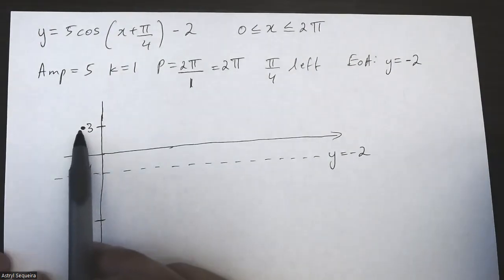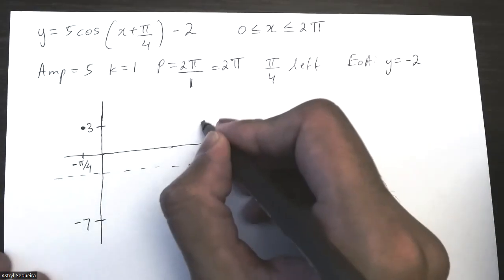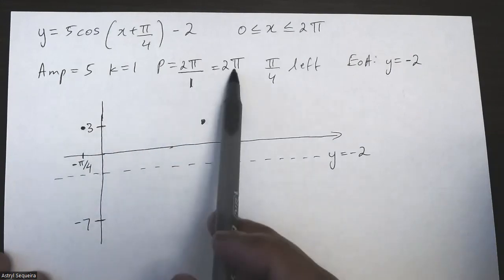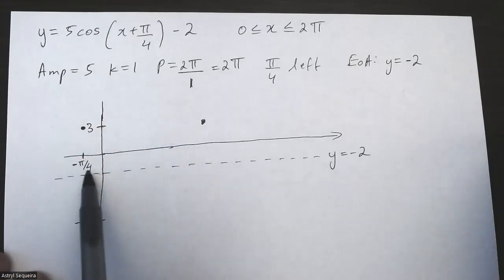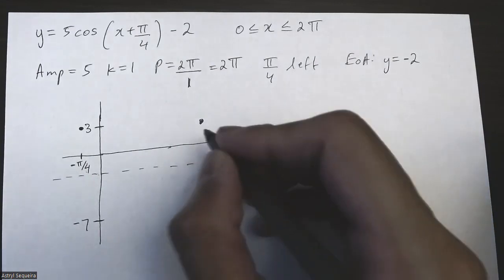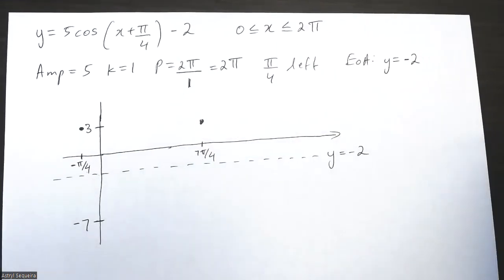Now I know for a cosine wave to go from one maximum to the next maximum, that's one entire period. And I know that my period is 2 pi. So I'm going to do -pi over 4 plus 2 pi in my calculator. And that's going to give me the x value of the next maximum, which is basically 7 pi over 4.